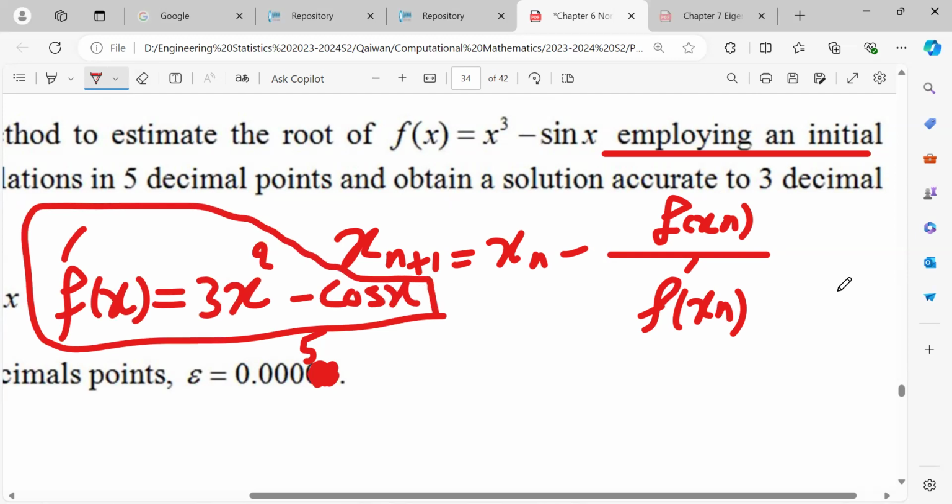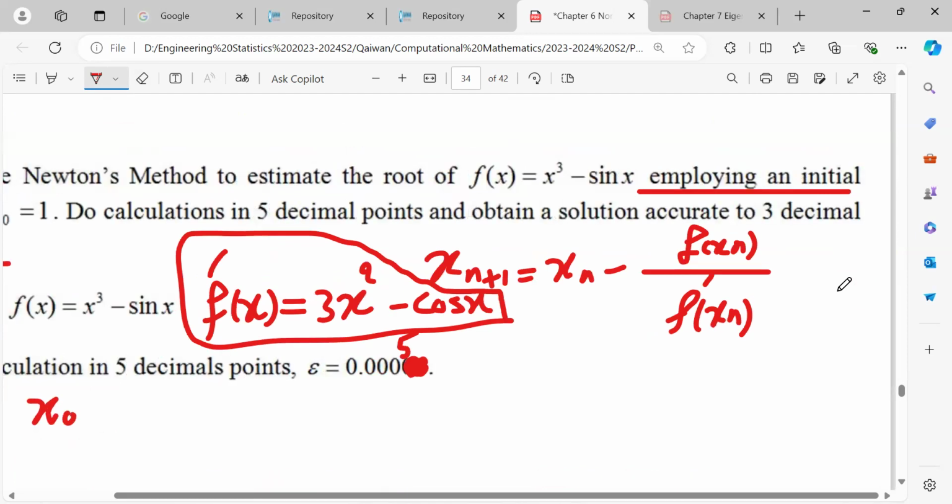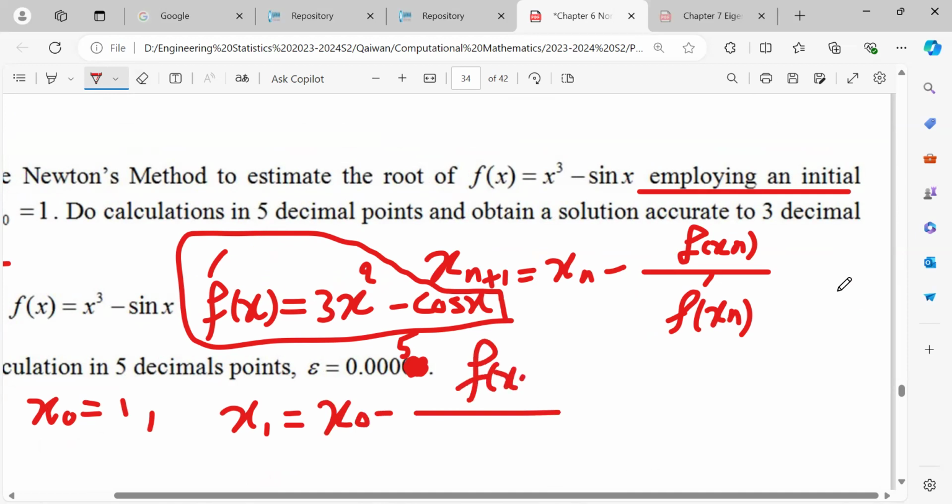We now use f and its derivative to find the next x value. The first x value, which is given, the initial one, x naught, is 1. To find x1 is x naught minus f of x naught divided by f prime of x naught. X naught is 1. We replace each x in the function f by x naught.